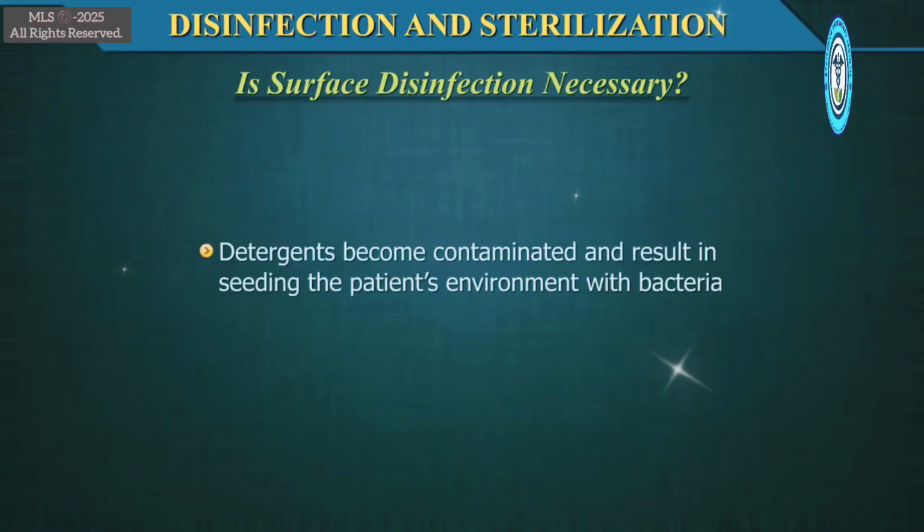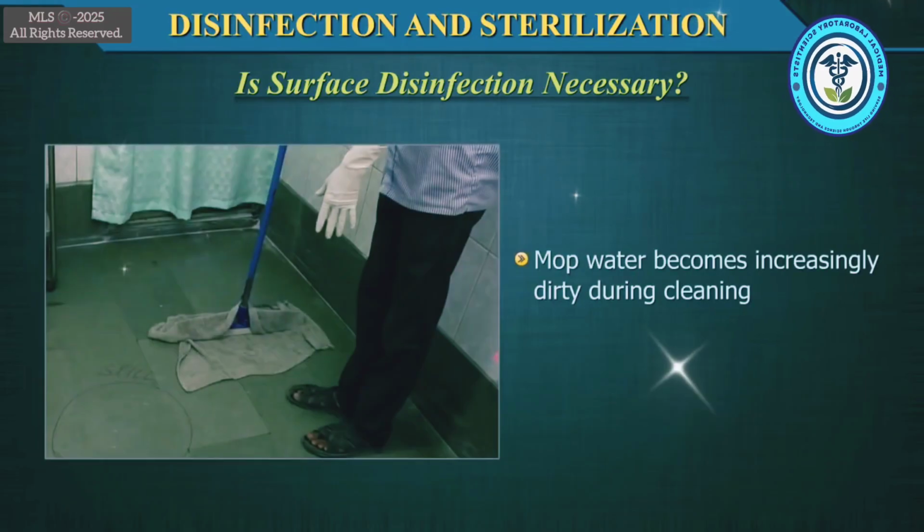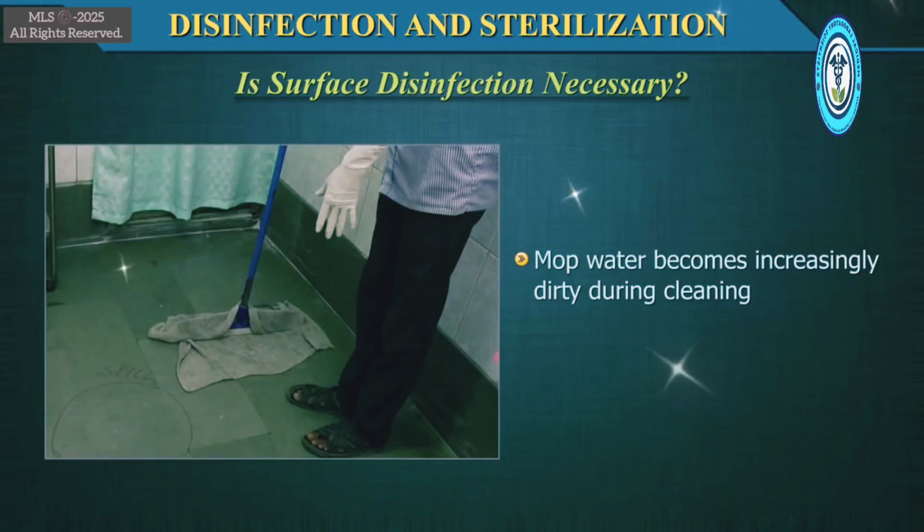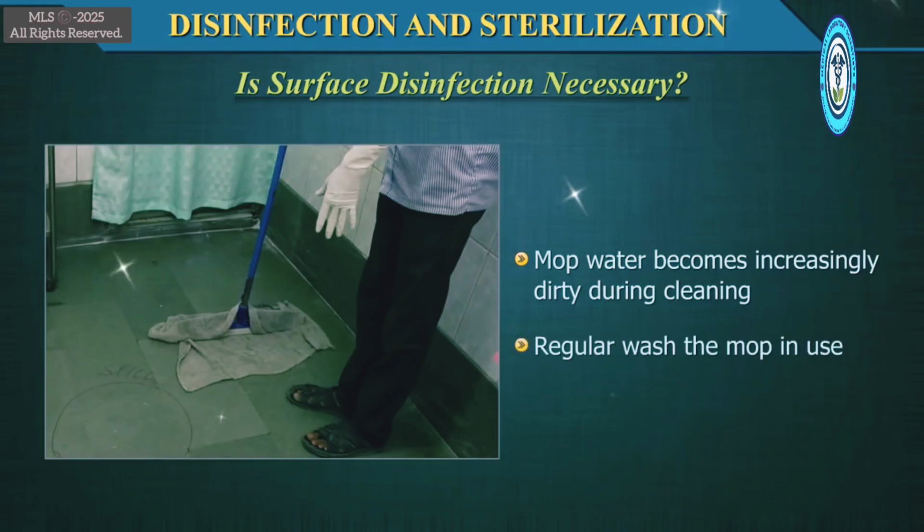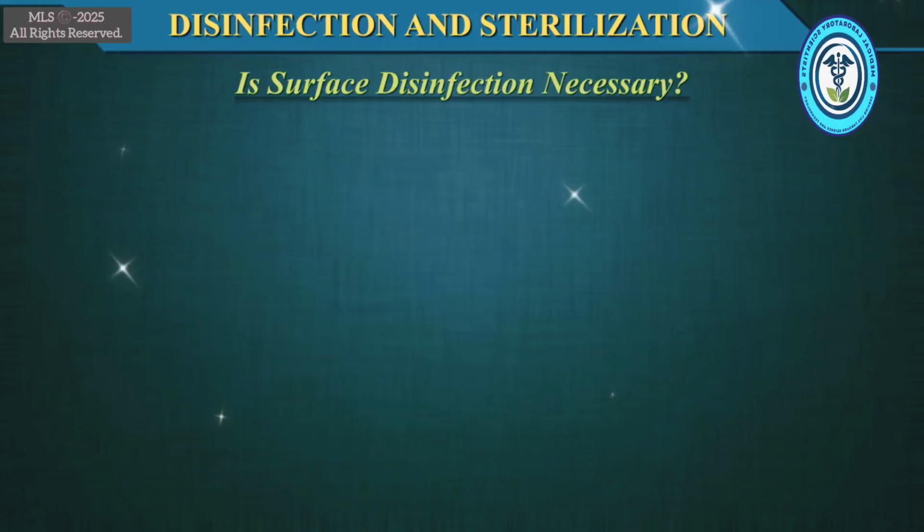Detergents become contaminated and result in seeding the patient's environment with bacteria. Mop water becomes increasingly dirty during cleaning and becomes contaminated if soap and water is used rather than a disinfectant. Regularly wash the mop in use.